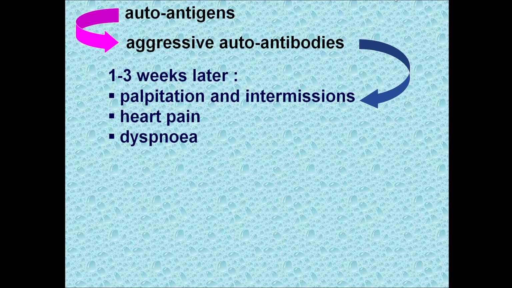The patient feels palpitation, sometimes intermissions, dyspnea after physical exercise, and heart pain, which indicates involvement of the heart in the pathological process and may be manifested with myocarditis or endocarditis or maybe total affection of all heart structures.